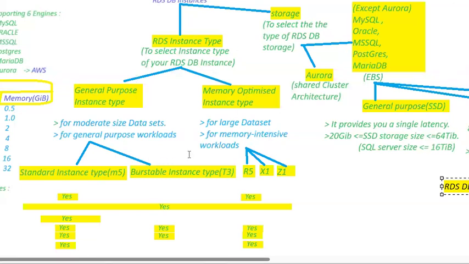Why will this compute cost you? Because you are using one of the instance types, and these instance types are present on your RDS DB instances only. Based on the type of instance that we purchase, we will be charged for that instance.